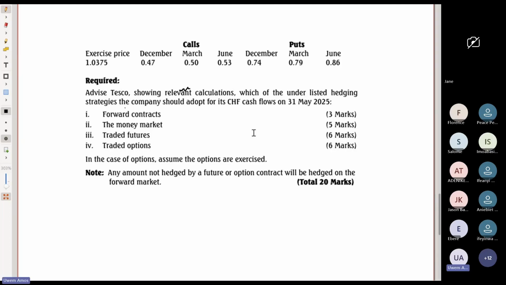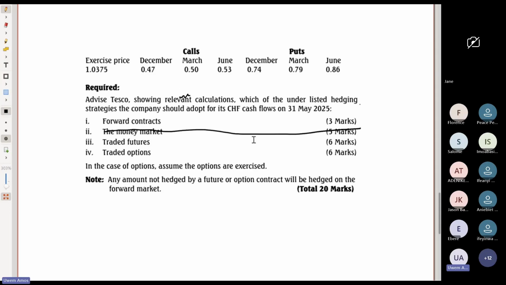So for the purpose of our SFM, we're going to take that out. We're going to do the forward contracts, traded futures, and traded options. That means that out of the 4 methods that we have for our ICAN exam, we would cover 3, and that leaves you with currency options.